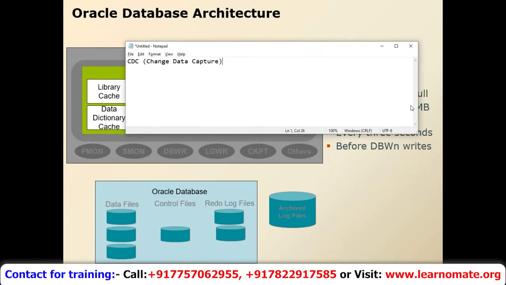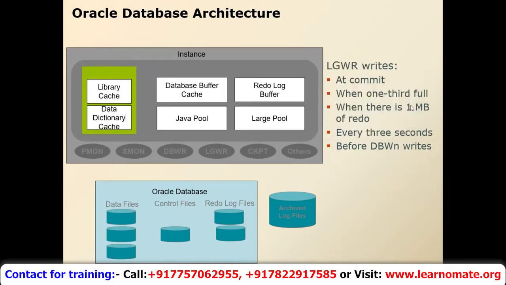So what is the source for GoldenGate or any change data capture tool? It is the database logs. So let us see, when it is an Oracle database, what is the source for GoldenGate. First of all, let us discuss Oracle database architecture. It is divided into two parts, instance and Oracle database.